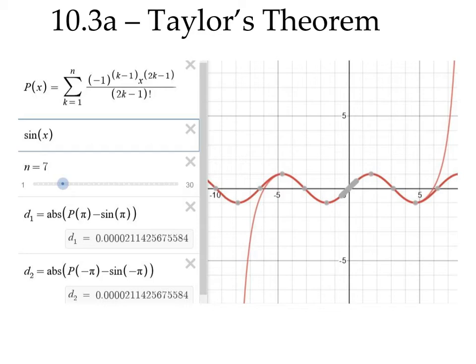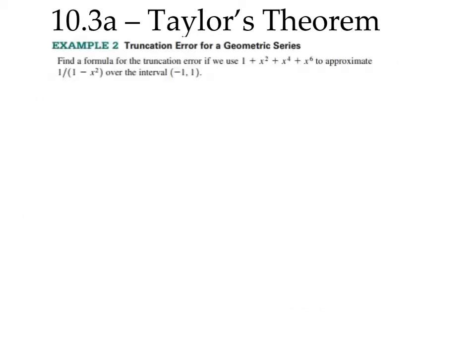Example 2 asks us to find a formula for the truncation error if we use 1 plus x squared plus x to the fourth plus x to the sixth to approximate the function 1 over 1 minus x squared. The first thing I want you to notice is that they've said specifically on the interval -1 to 1.